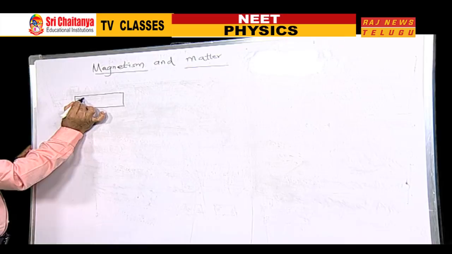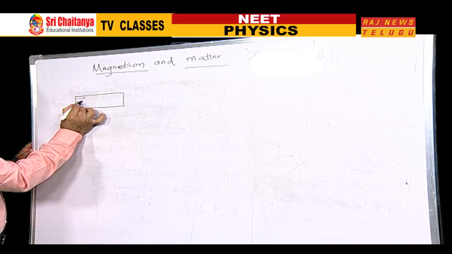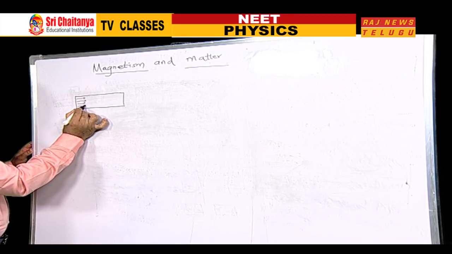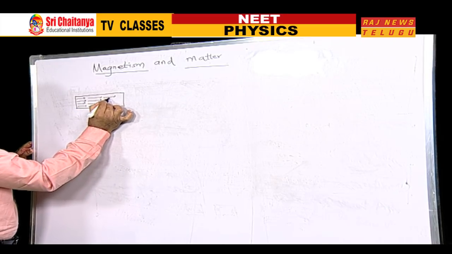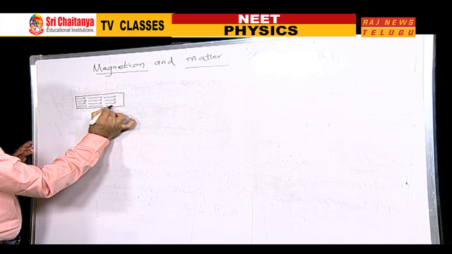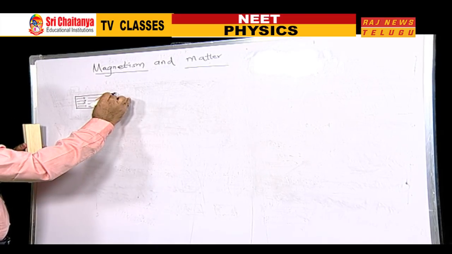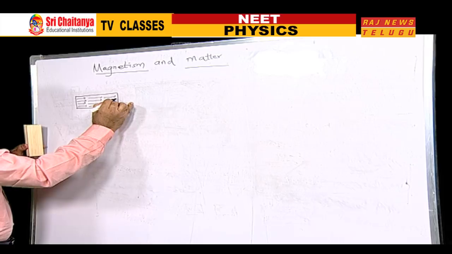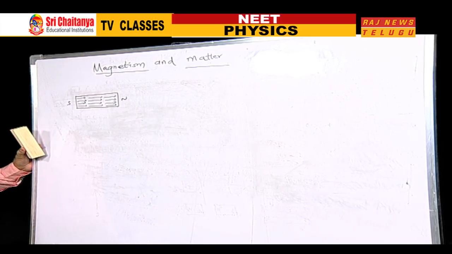As I told you from Ewing's theory of molecular magnetism, these molecular magnets are in an orderly manner. Each molecular magnet is of the same pole strength, so they are like this. And this is effectively behaving like a north pole, this is effectively behaving like a south pole.